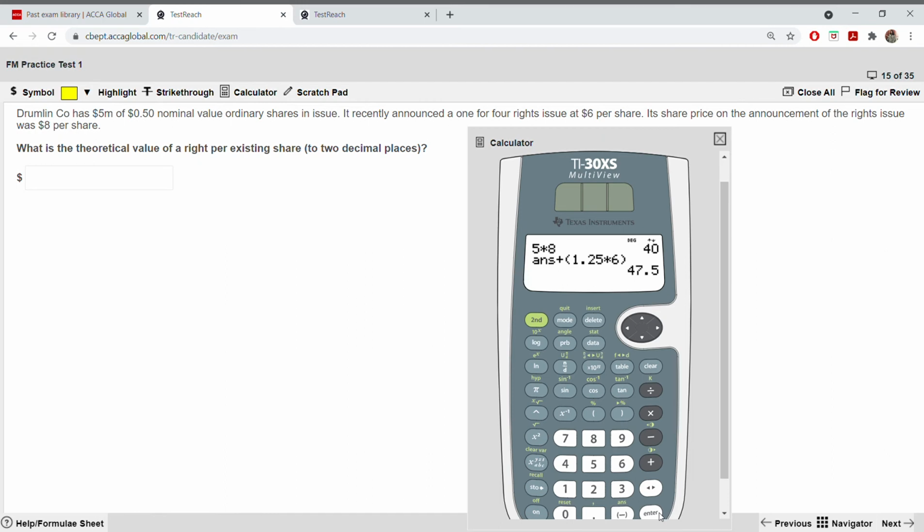This divide by, put bracket, 6.25 minus 6, divide by 4.